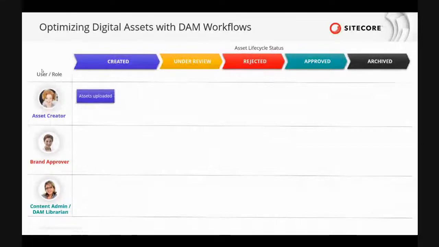The asset creator finishes creating the assets from their creative design applications, and then they get uploaded in the DAM. The next step is to apply metadata tagging, and here it's very important to allow the AI engine to do some automated tagging to speed up this process.